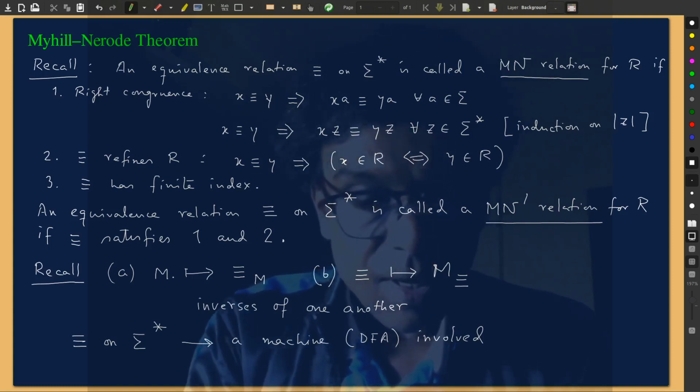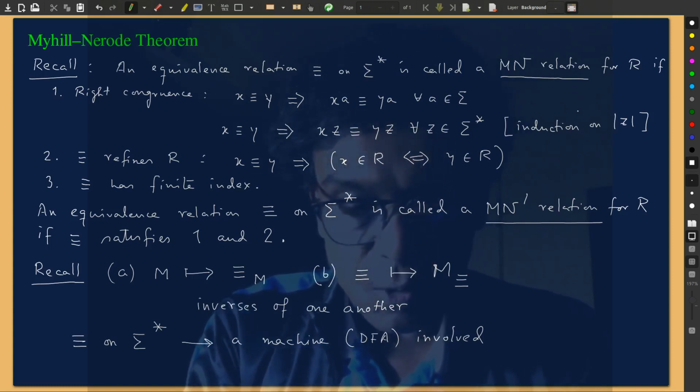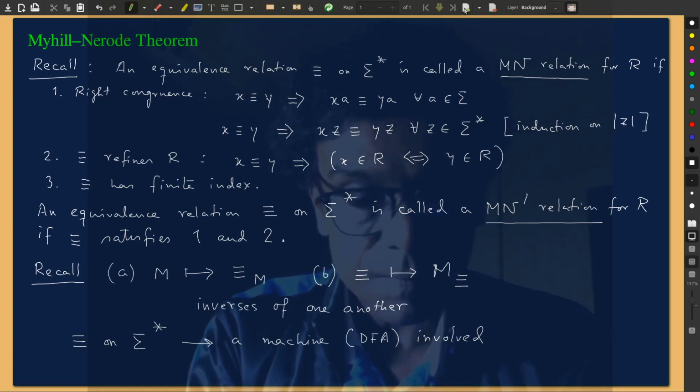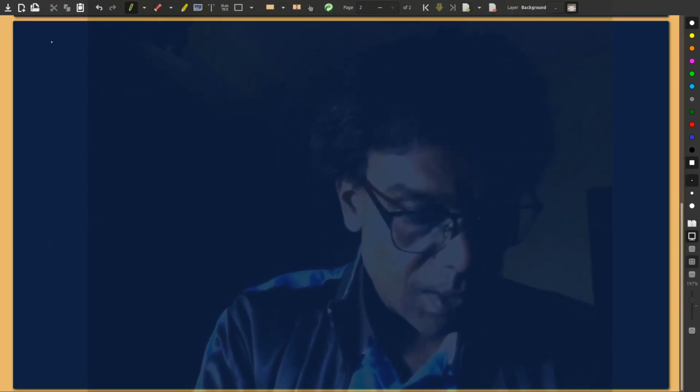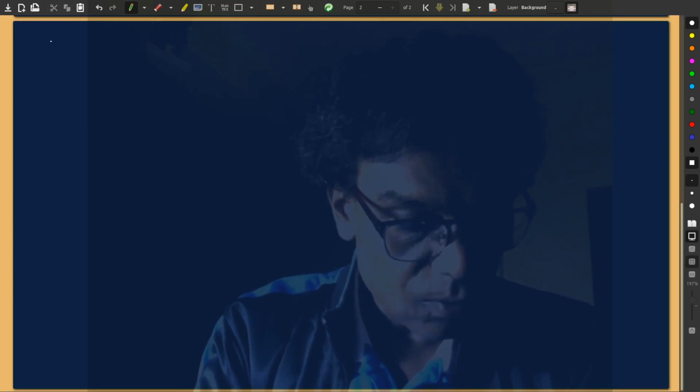That relation is going to be a property of the language, and that will essentially help us in proving several important properties about regular languages.